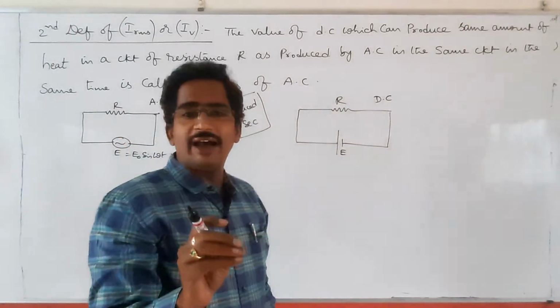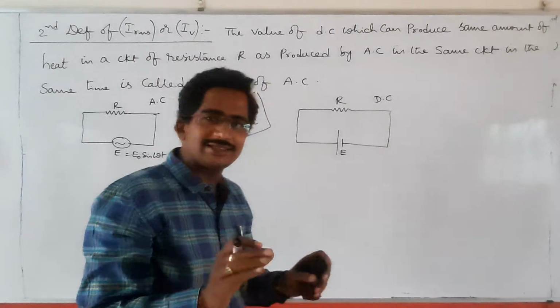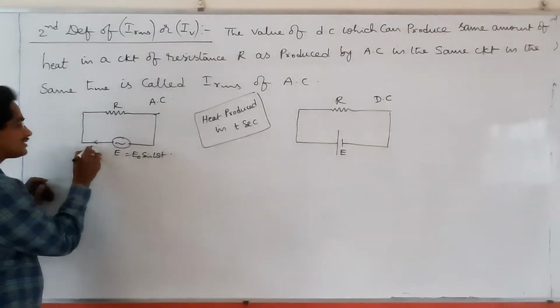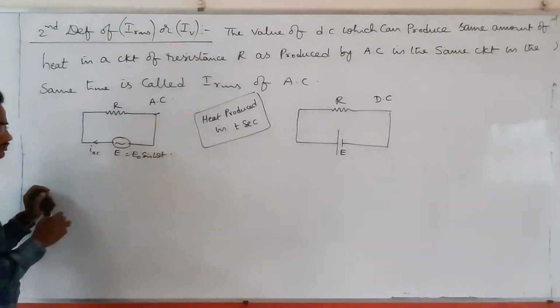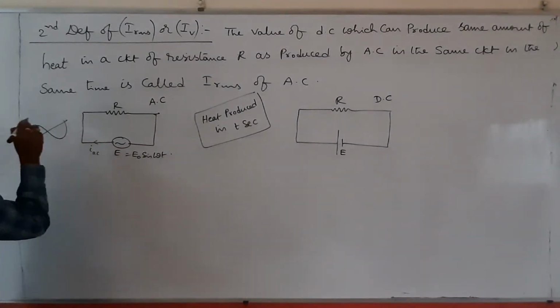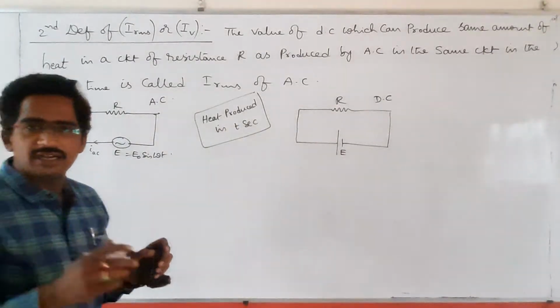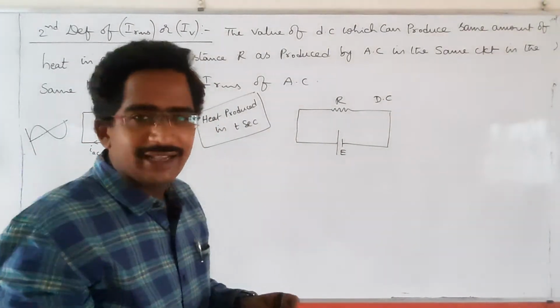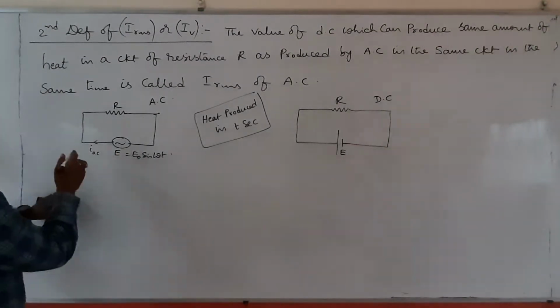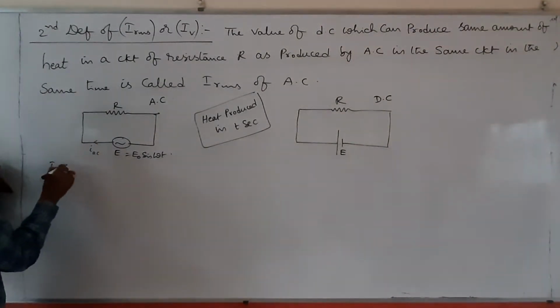What is the heat produced in the first circuit? At a moment, the current value here is IAC, because the current varies from instant to instant. Then what is the heat produced in dt seconds?